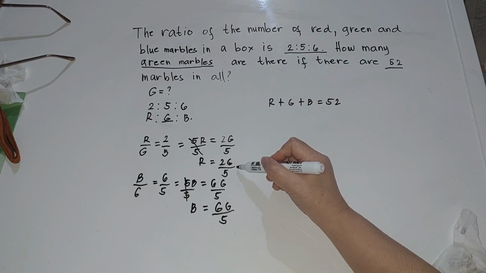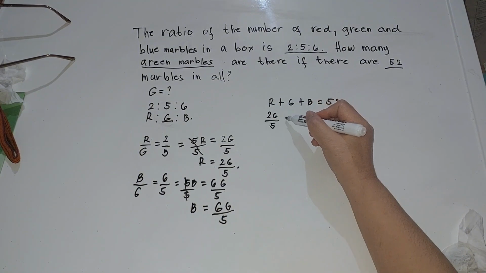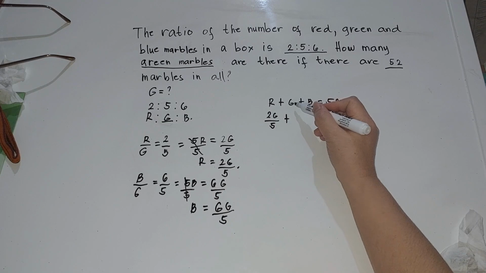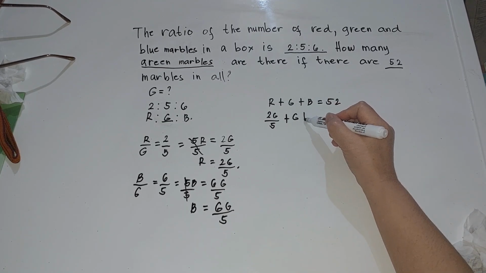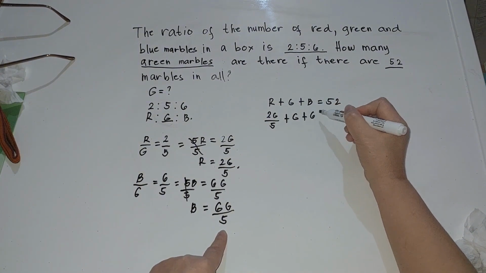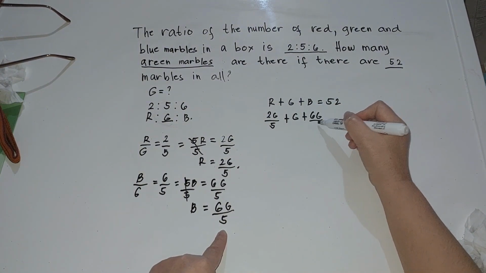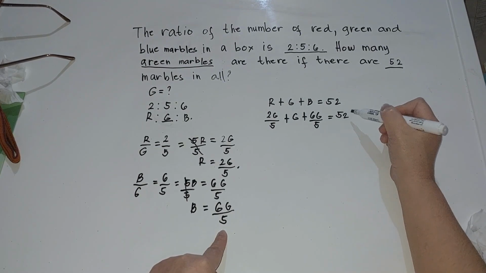What is R? R is equal to 2G over 5 plus, what is G? G is G. Plus B. B is 6G over 5 equals 52.